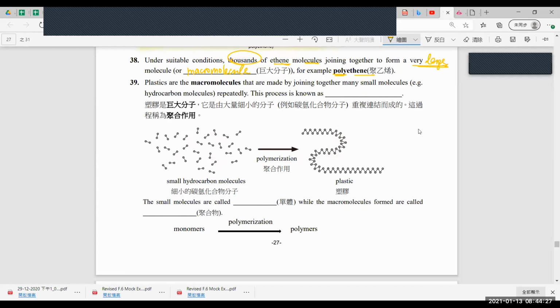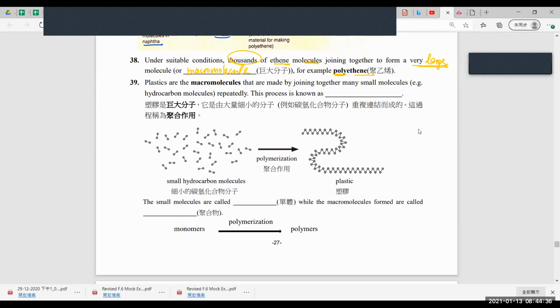They are made up of so many small molecules. What I want to tell you is that ethene is an example. They join repeatedly like this. Finally it turns into a substance we call a polymer. So the whole process we call polymerization.